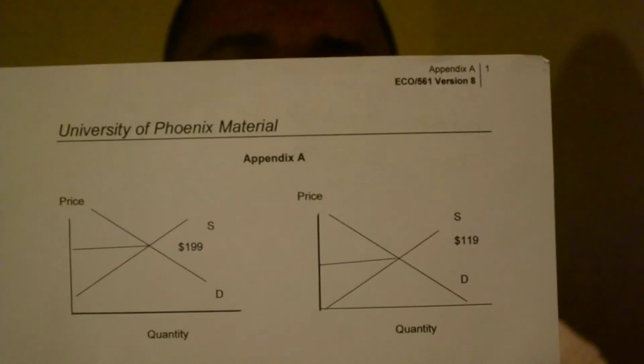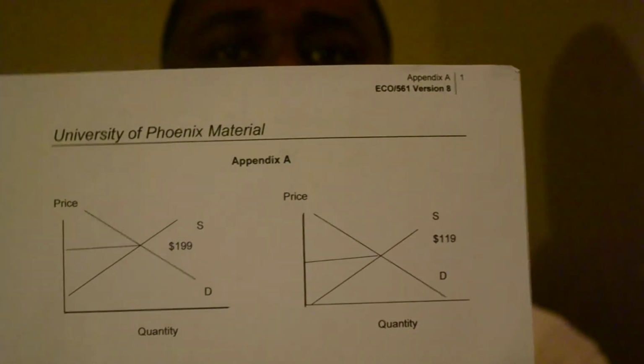Here is the graph from Appendix A, which shows the quantity of supply and demand of the original price of the iPhone 5S and the current price of the iPhone 5S according to prices at Walmart.